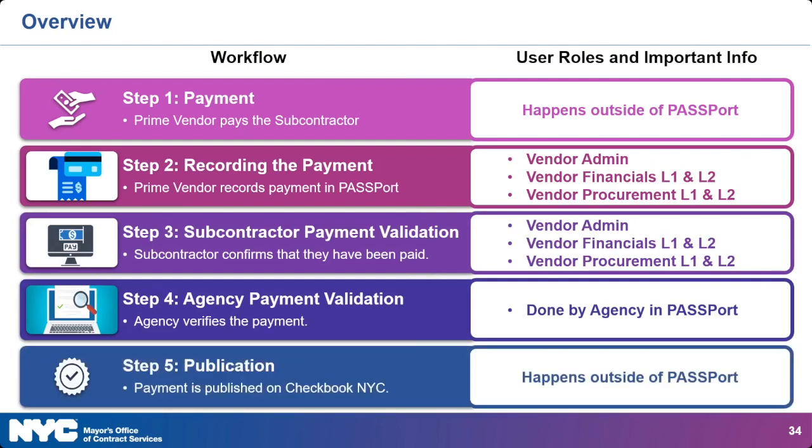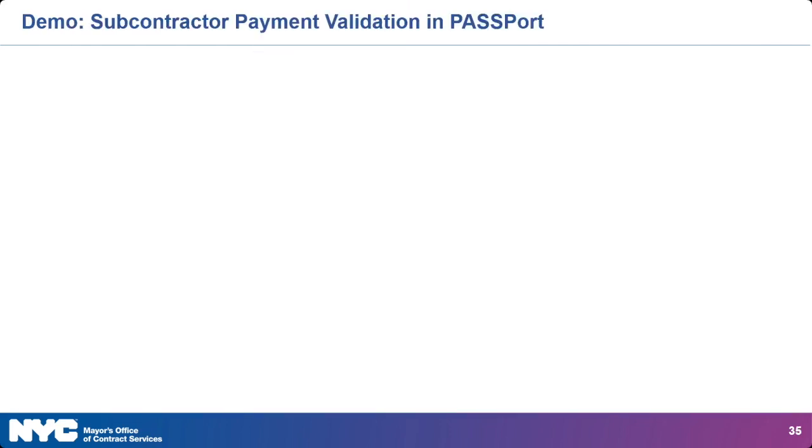When everything is confirmed and validated, the information is published on Checkbook NYC, the online transparency tool that provides up-to-date information about the city's finances. You can see how all this works for prime contractors in this demonstration video.